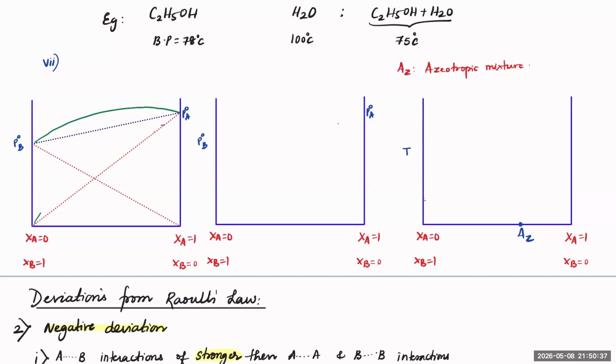The partial pressure of A is greater than the ideal partial pressure, and the partial pressure of B is also greater than the ideal partial pressure, like this. So this graph represents that the P total which you are getting right now is greater than P naught A XA plus P naught B XB. So it is not agreeing with Raoult's law, but you can get an idea that it will be greater than the pressure given by Raoult's law.